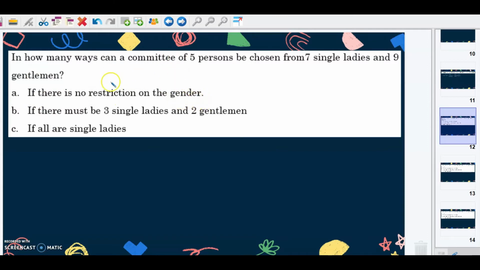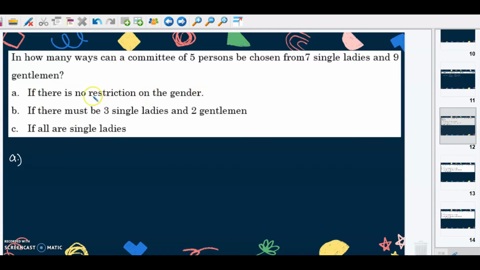Okay, so this is somewhat similar to our previous question, which is forming a committee. But here, for the first item, it says that there is no restriction on the gender.